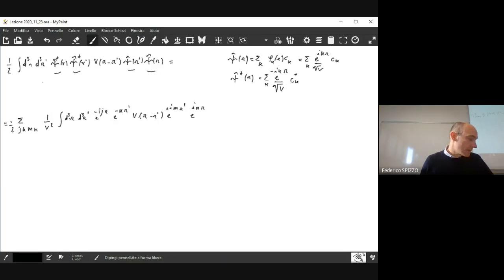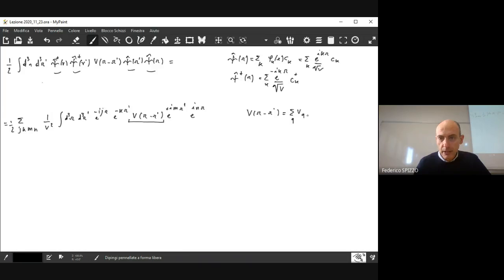Okay, since we have all phases here, it would be useful to express also the interaction potential in terms of a phase, or in terms of a combination of phases. So in this case, we may express V of r minus r prime using the Fourier expression for that.